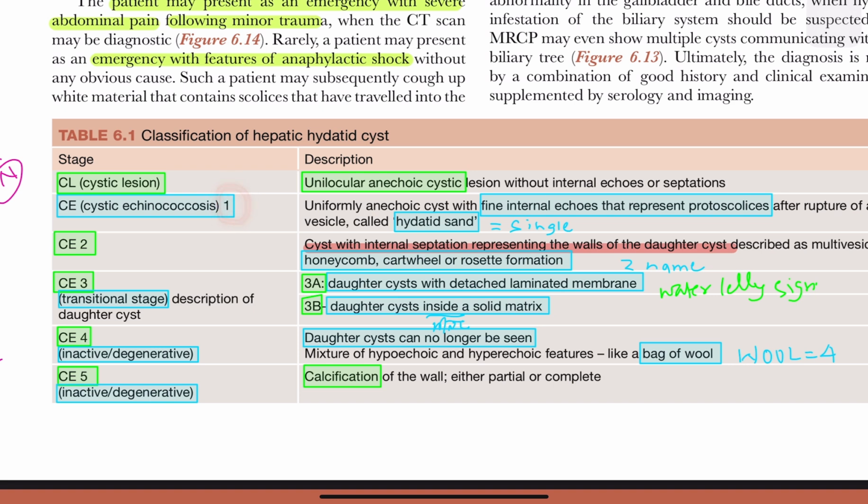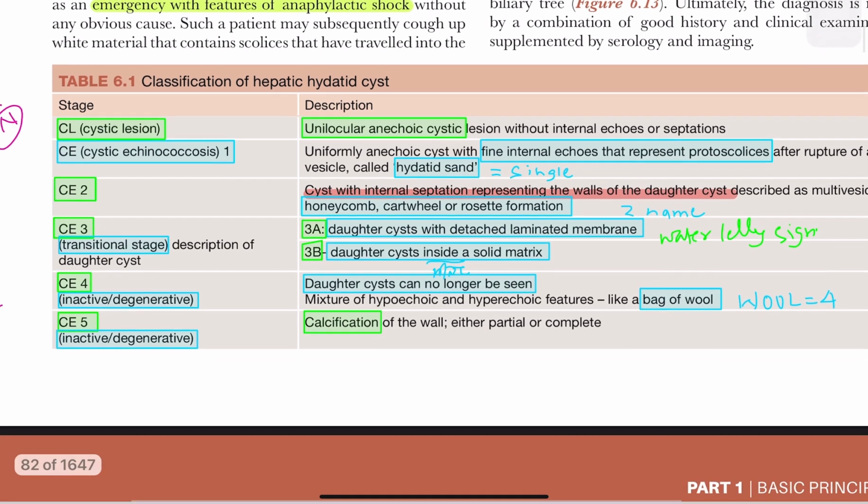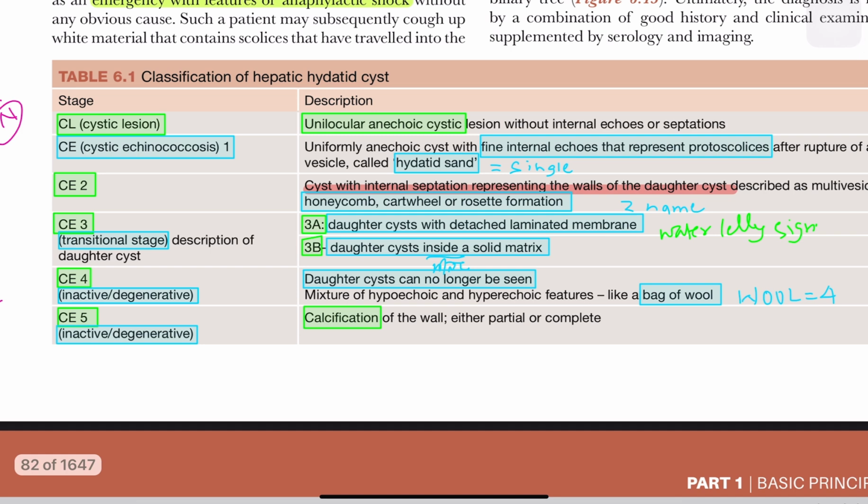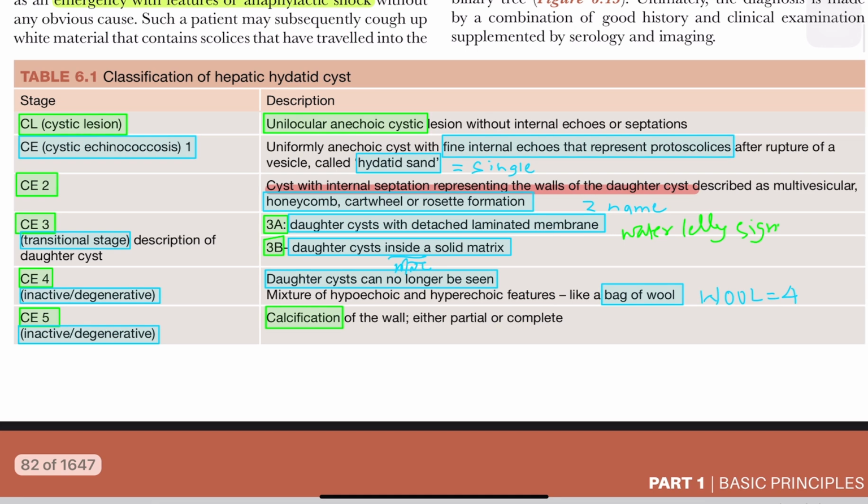Then 2 shows honeycomb, cartwheel and rosette formation: a cyst with internal septation representing the walls of daughter cysts, multivesicular.